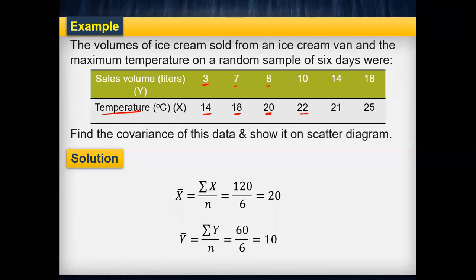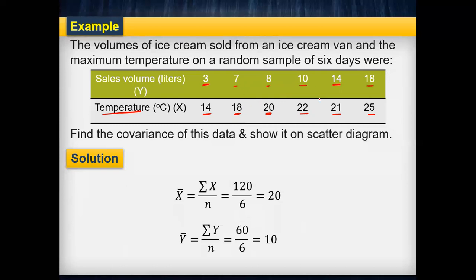At 22 degrees we get the sale 10, at 21 degrees we get the sale 14, and on the last day we recorded the temperature 25 degrees and the sales were 18. As the temperature increases, the sales are also increasing. So overall we can say that there is a positive relationship between the two variables. Sometimes from the table it is not easy to see that, but here it is clear.